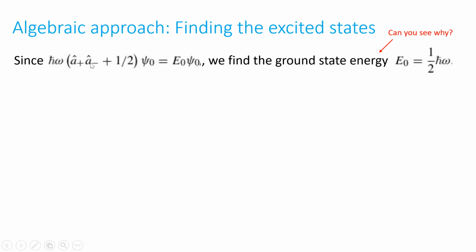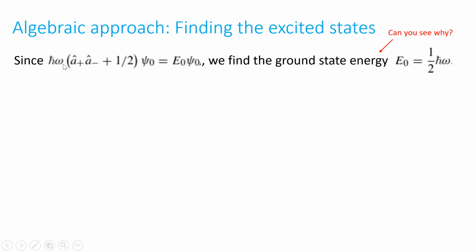So when we take this first term and act on psi 0, remember, a minus times psi 0 is equal to 0. So this whole first term goes to 0, and we have h bar omega over 2 psi 0 is E naught psi 0.